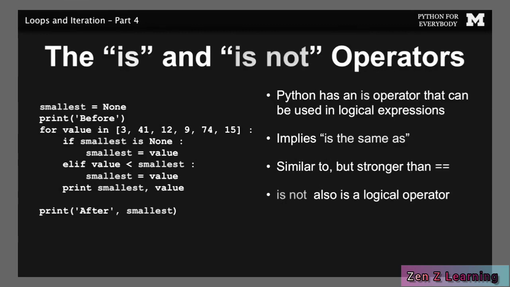Okay, so the is and is not operators, they're both operators. They're like less than or equal to or not equal to. They don't hurt their operands and they return you a true or a false. Okay, so is and is not are also logical operators. And there are other times we use it. You shouldn't use is when you should be using double equals.